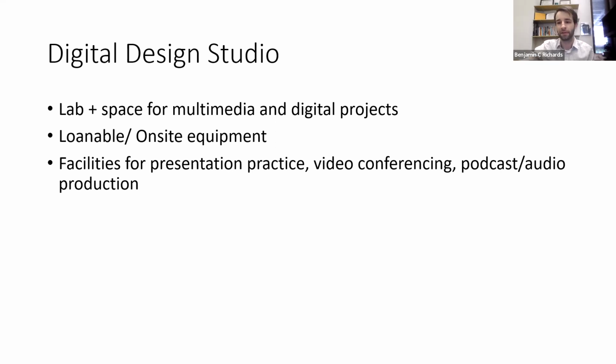And then there are various different parts of the Digital Design Studio, housed around on the third floor with rooms that are equipped to do different things. And then we have some equipment that's just out in the main area for students to use. And we also loan out a lot of equipment or gadgets for students to take home with them.